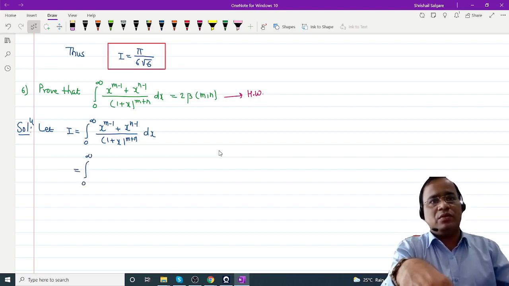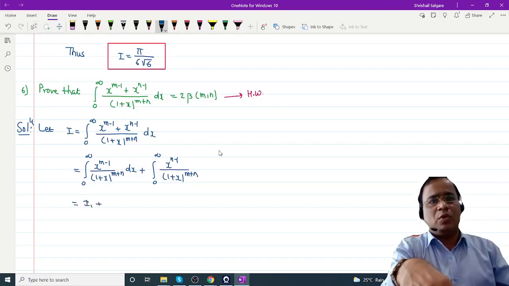Integral 0 to infinity x raised to m minus 1 divided by 1 plus x raised to m plus n dx plus integral 0 to infinity x raised to n minus 1 divided by 1 plus x raised to m plus n. And suppose this I will call as the sum of the two integrals I1 plus I2.